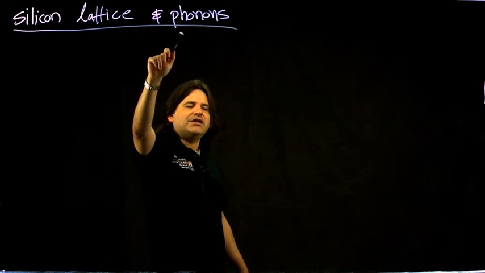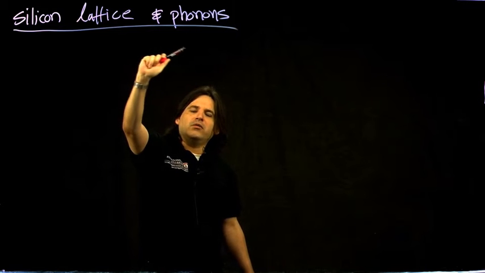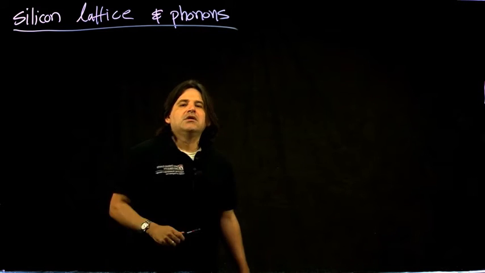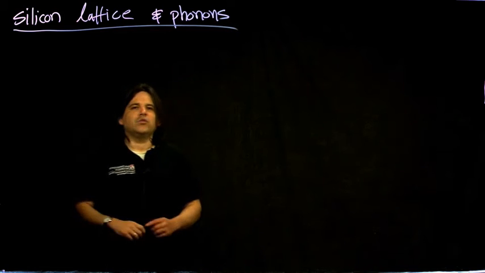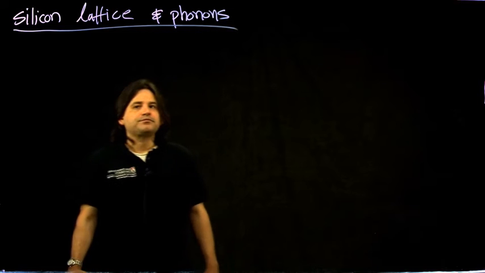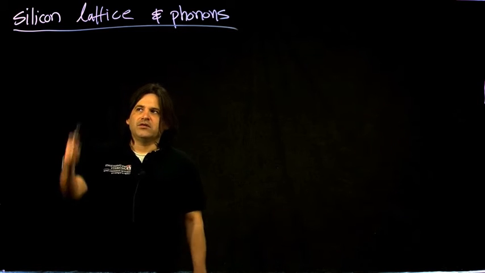So radiation has energy, radiation has a wavelength, radiation has a wave number that can come in and interact with a phonon that has a wave number and has energy. And that is how solar cells work for silicon.